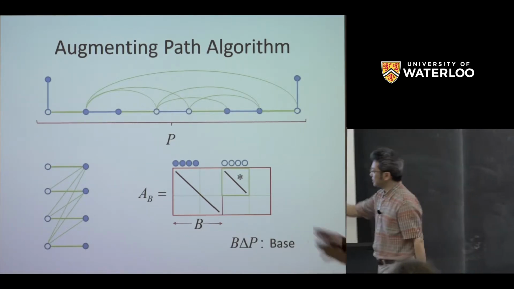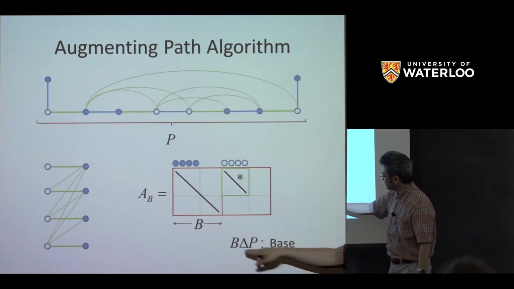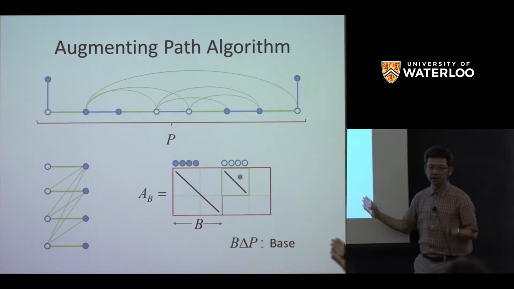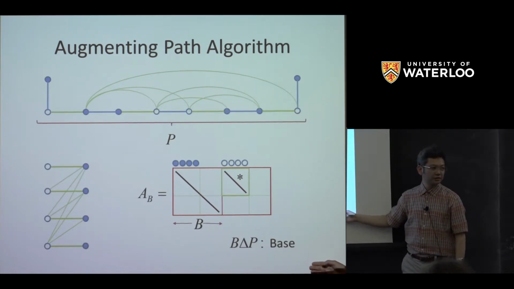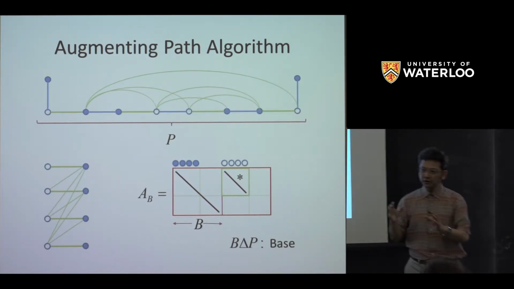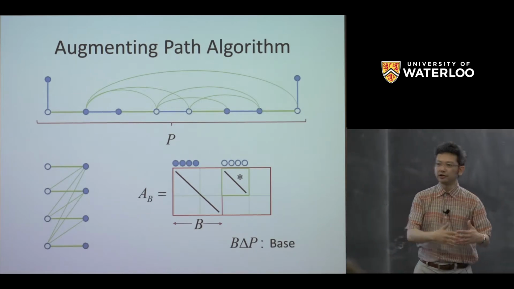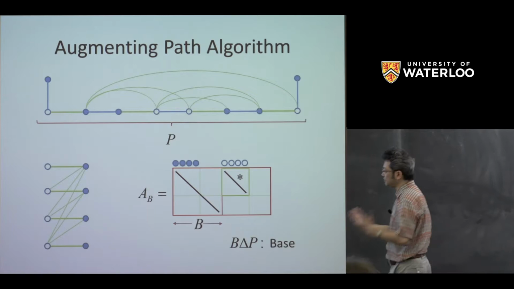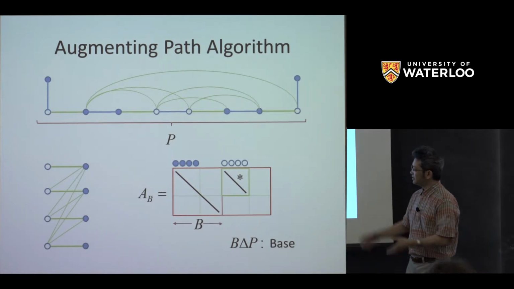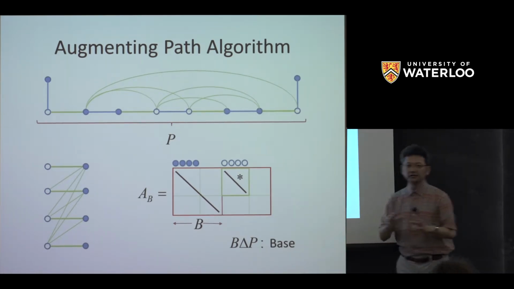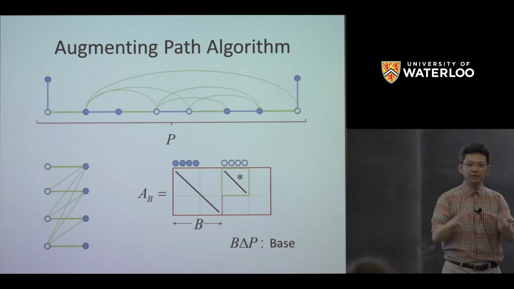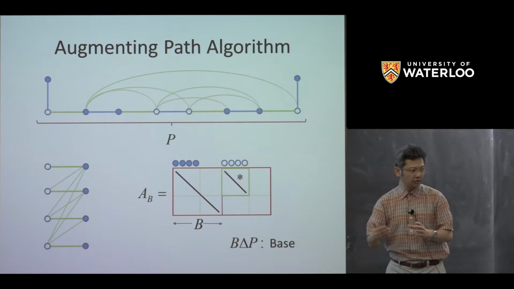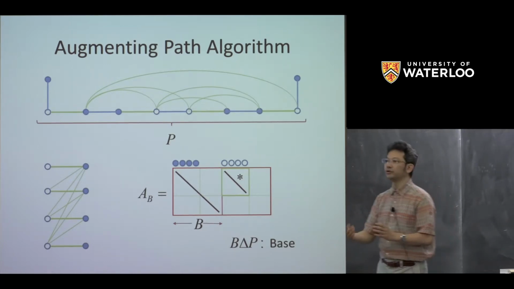So such a submatrix corresponds to the fact that if you take the symmetric difference of B and this augmenting path, you will obtain a new base. This phenomenon already appeared in the augmenting path algorithm for matroid intersection, and the essence of that algorithm is already the fact that the triangular matrix must be non-singular, although you have to work a lot to prove that in a combinatorial context.